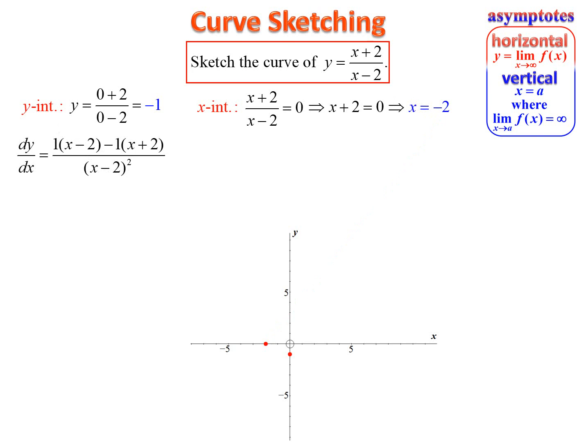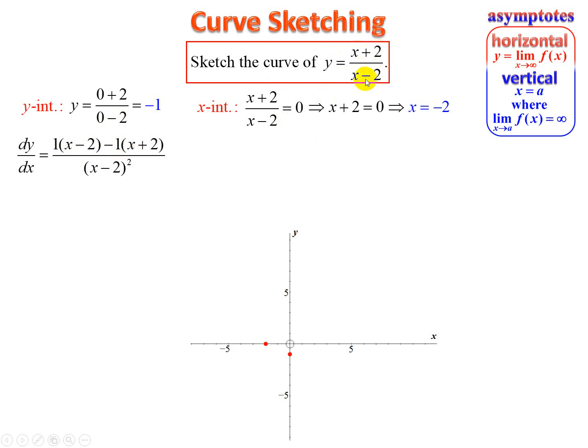Let's have a look at turning points, just to see. Because you're not quite sure, is this a hyperbola? I'm not quite sure, so let's just check on turning points. This is a quotient rule, so therefore I have to say derivative of top times the bottom minus top times derivative of the bottom. I've just put these the other way around for neatness. Over the denominator squared.